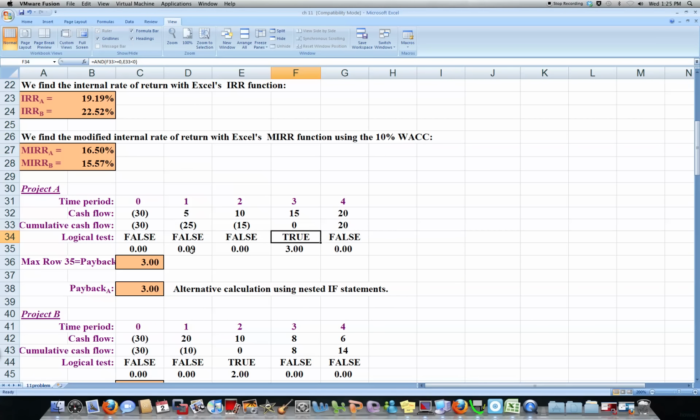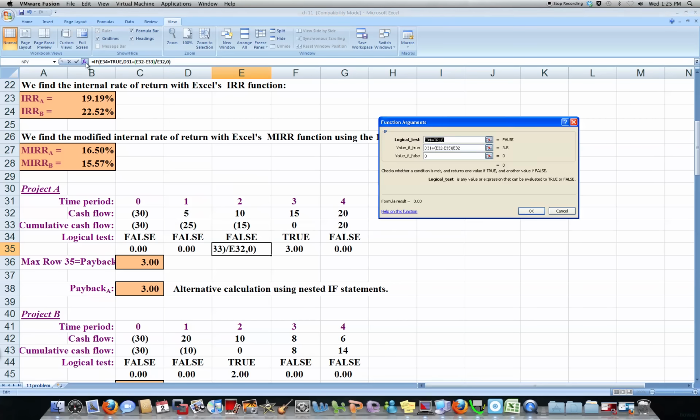And now we use the IF function for this next row. If E34 is equal to 0, it's true.